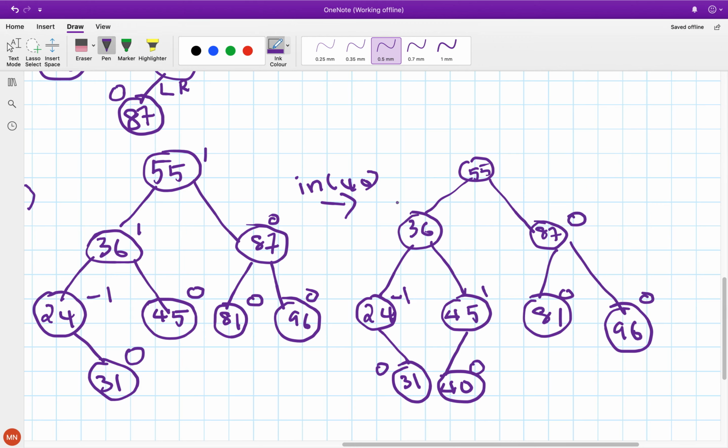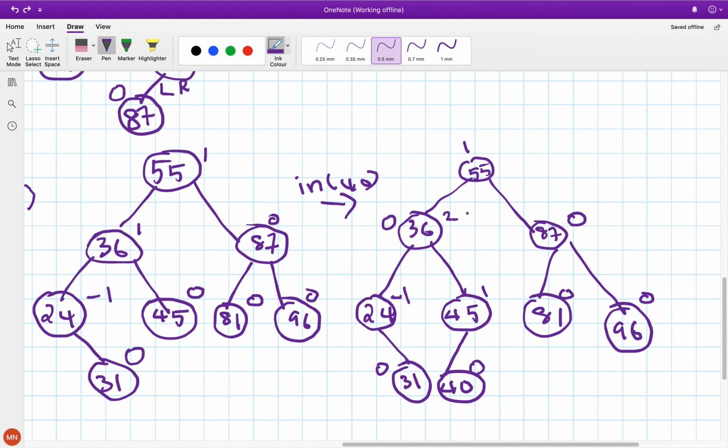The height of this one is 2. Oh, sorry, this is not 0. Now this is balance factor 0. The heights of these are 1 and 1, so this will have a balance factor 0 and this will have a balance factor 1, because the height of this one will be 2, the height of this one will be 1, 2 minus 1 will be 1.